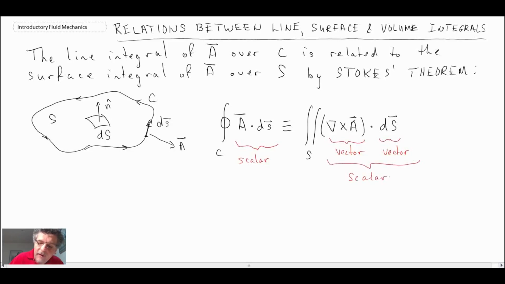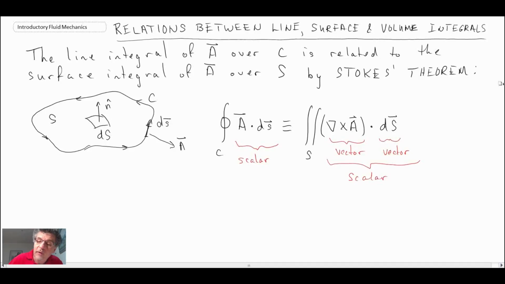So what we get out of this is a scalar on the left and a scalar on the right. This is sometimes used for evaluating the circulation within a flow field. In that case, we'd replace A with the velocity vector V. But that is Stokes' theorem, and sometimes you will see that in analysis.